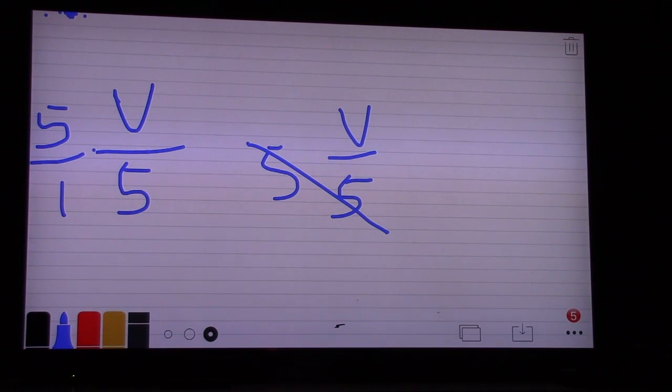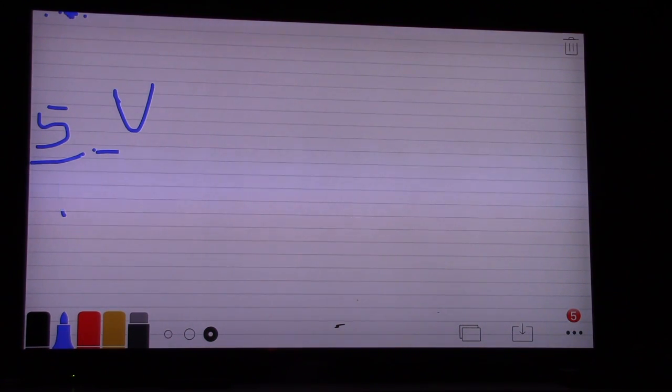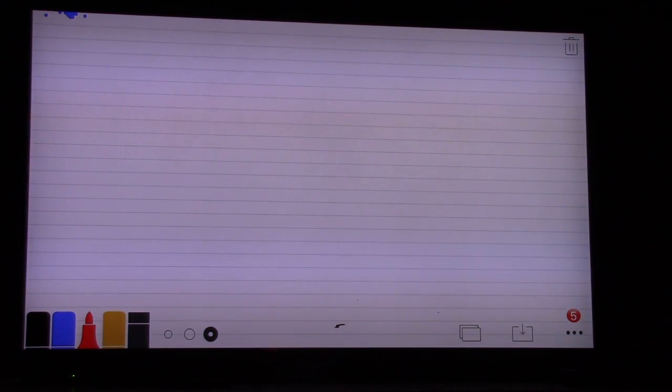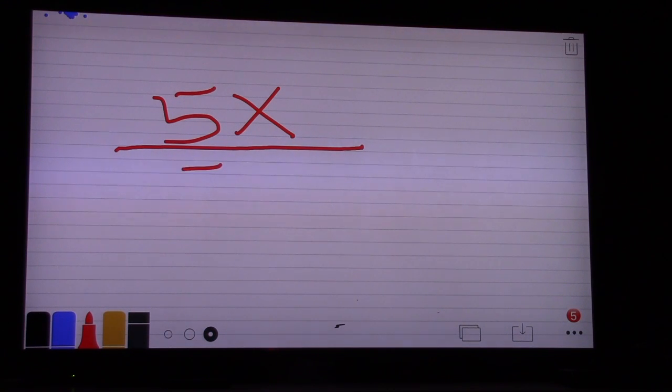Now, the final condition that we can have our variable in, we've already discussed it. And that is 5x, meaning 5 times x. To get x by itself, I'm going to divide 5x by 5.